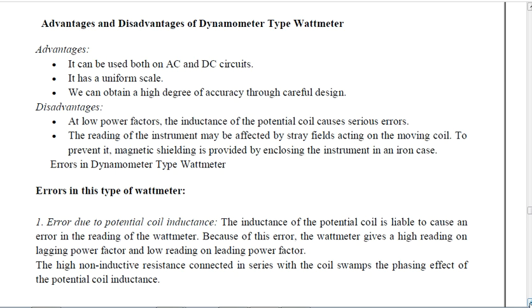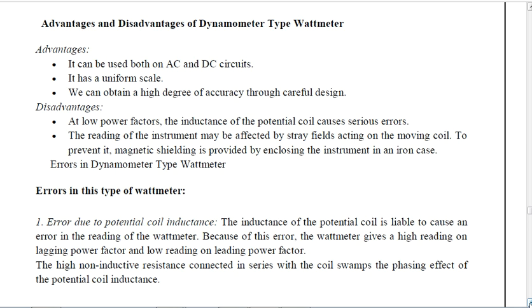The disadvantages: at low power factor, the inductance of the potential coil causes serious errors. The reading of the instrument may be affected by stray fields acting on the moving coil. To prevent this, magnetic shielding is provided by enclosing the instrument in a case.